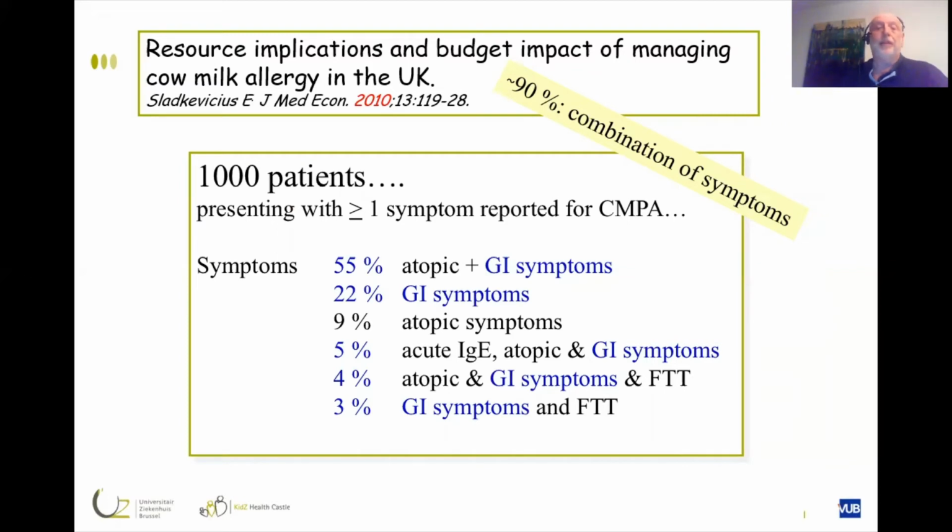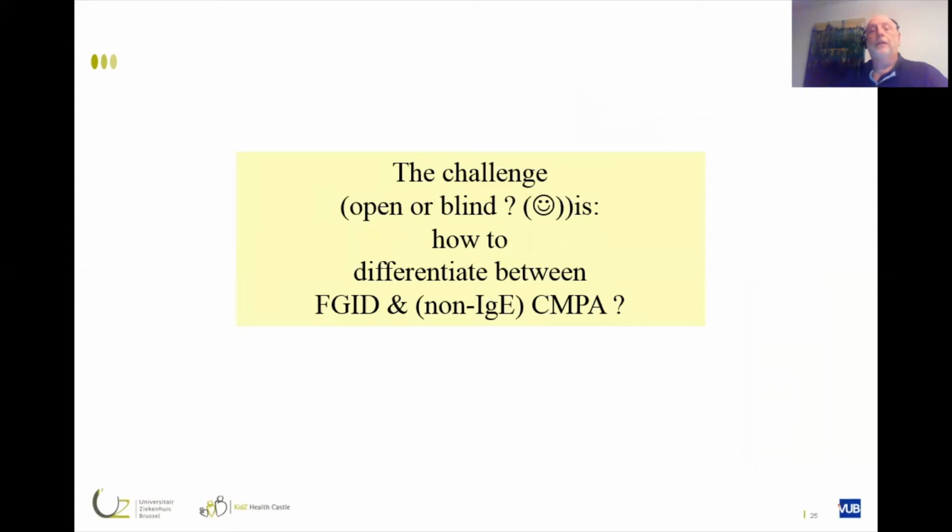So 90% presents with a combination of symptoms. So it's not easy to diagnose functional gastrointestinal disorders versus non-IgE mediated cow's milk allergy based on the combination of symptoms.